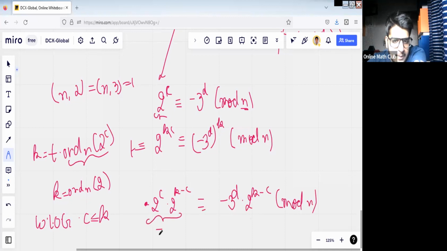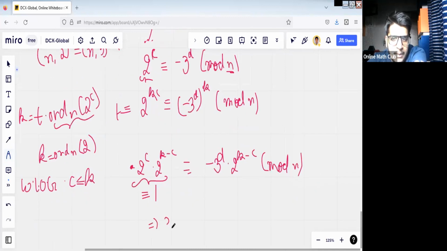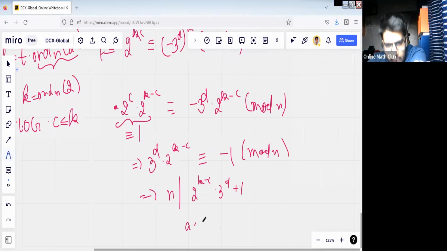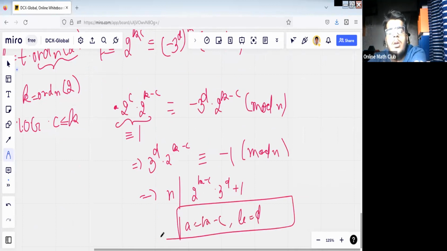Now 2^k is just 1. So this implies 3^d * 2^(k-c) is minus 1 mod n. This implies n divides 2^(k-c) * 3^d + 1. Pick a to be k minus c and b to be d. There's a contradiction. It's almost on the same lines, but there, when you raise to the power k, you cannot control k to be odd.